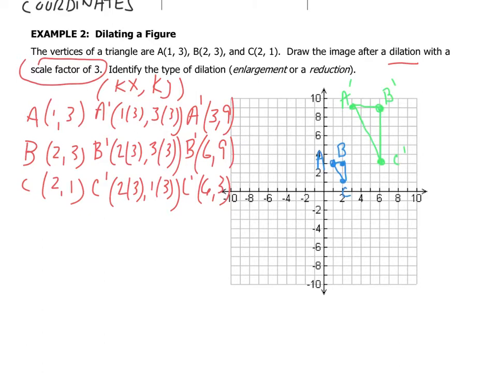If you did this correctly, you should have something like this, where ABC is that little smaller blue triangle, and the green A prime, B prime, C prime is the larger triangle. To answer the question, what type of dilation is this? Our picture has definitely gotten bigger. This is definitely an enlargement.